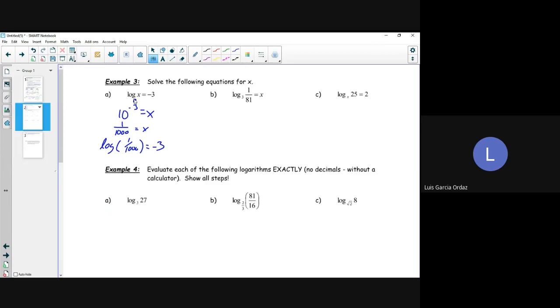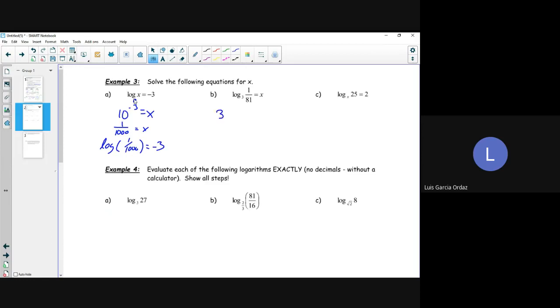Now our next example, we have log base 3 of 1 over 81 is equal to x. Remember, we need to write it in the form of y is equal to b to the power of x.